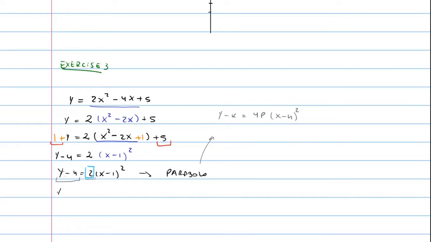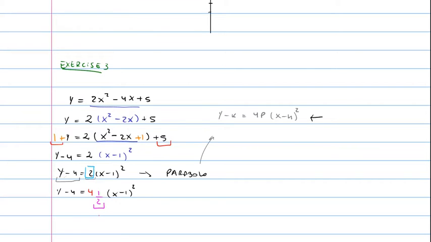For this, what we're gonna do is write it as 4 times 1/2, because 4 divided by 2 is equal to 2, so the equality still holds. And this way we have something extremely similar to the equation.